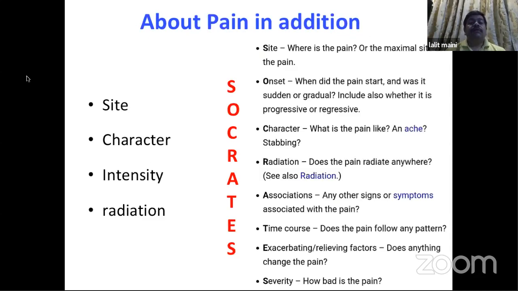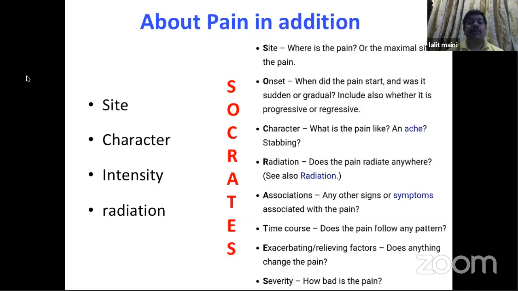But in pain, there would be certain additional things. We are more interested in understanding what is the exact site, the character, the intensity, and radiation. So for normal symptoms, you want to know the onset, the duration and the progress. But in pain, you want to know certain more things.